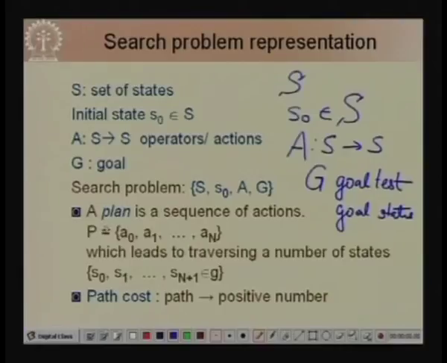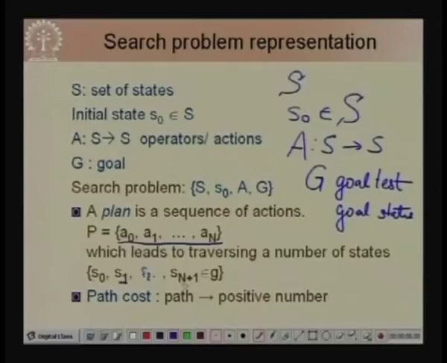A solution to a search problem is a plan, which is a sequence of actions A0, A1, up to An, which leads to traversing a number of states. Starting from state S0 by applying action A sub 0, the agent goes to state S sub 1. From S sub 1 by applying action A sub 1, the agent goes to S sub 2 and so on.